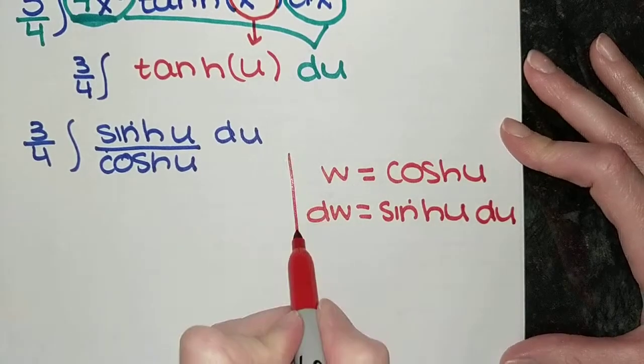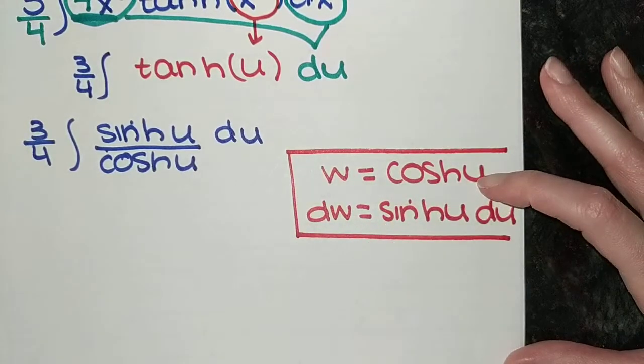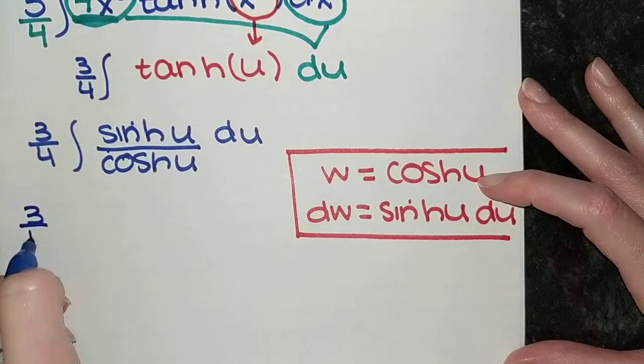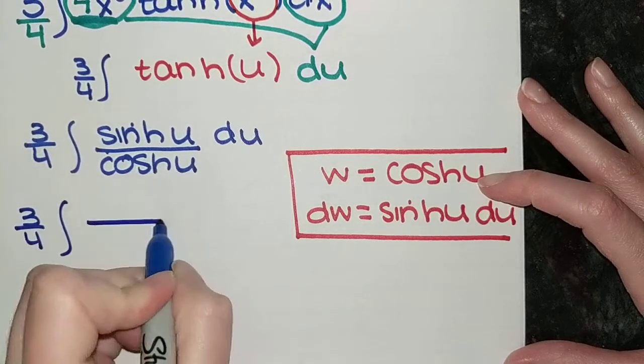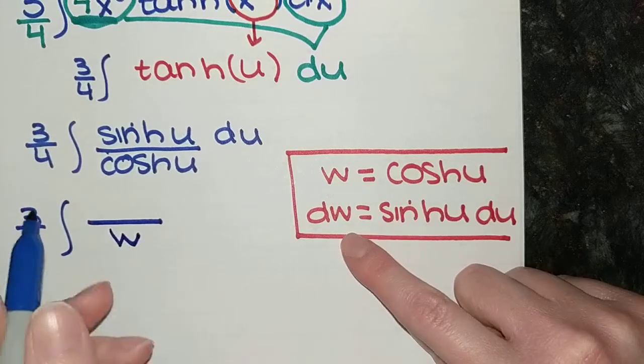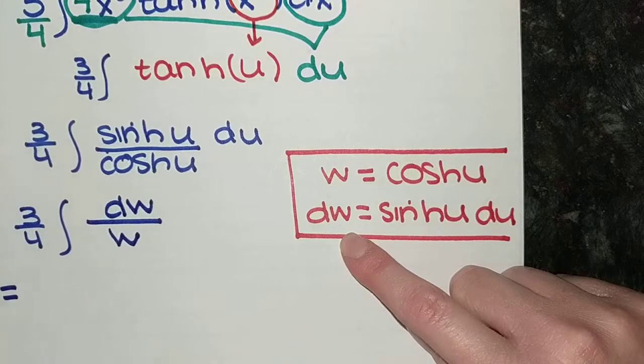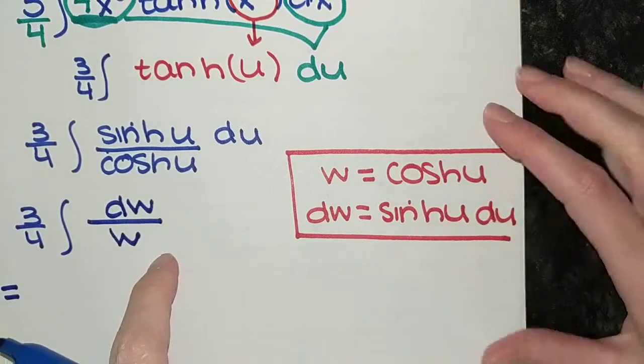Okay, so we now make this replacement using our second u substitution. So this will be 3/4 integral. The denominator will be replaced as w, and then the numerator will be replaced as dw. Now, we can integrate the dw over w.